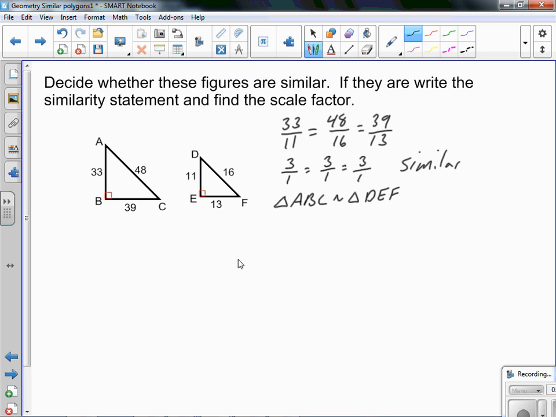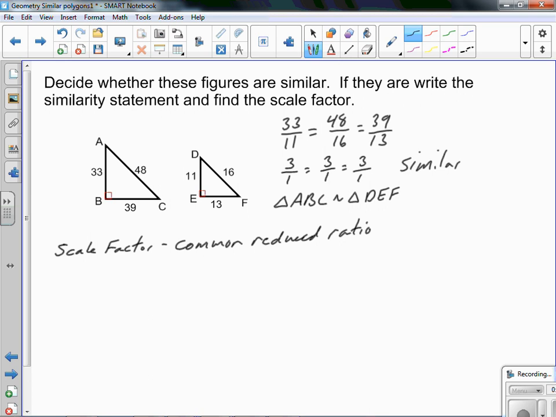And for the scale factor, first off, we have to know what that means. A scale factor is going to be the common reduced ratio.